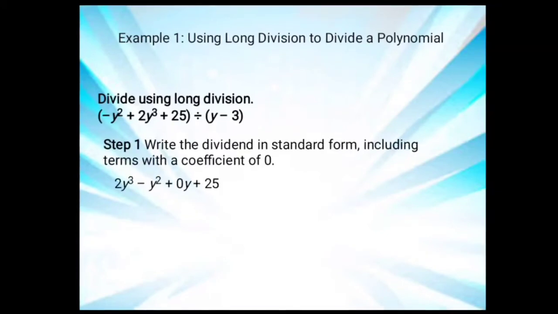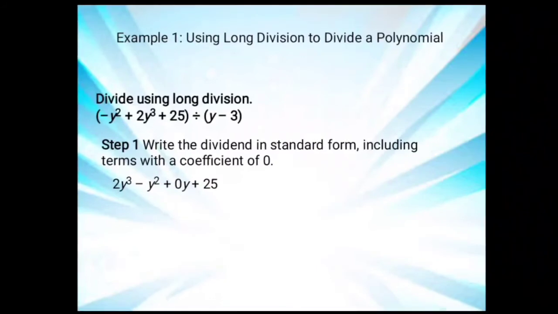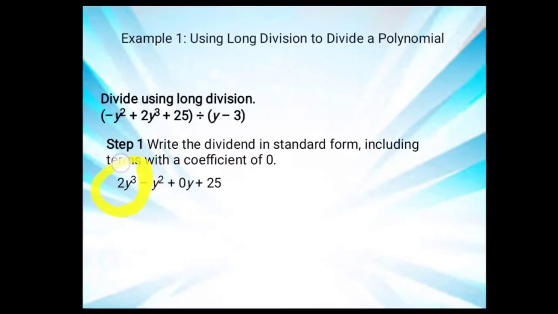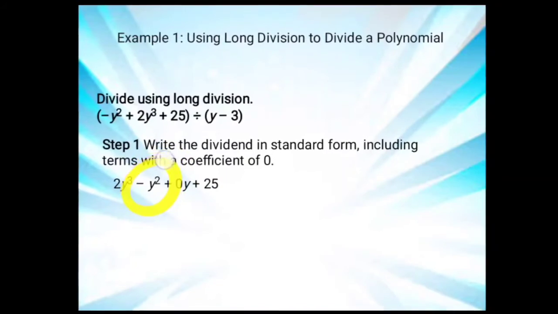Step 1, write the dividend in standard form, including the terms with coefficient of 0. Okay, so you have to take note that your dividend should be arranged in descending order. Okay, so when we arrange polynomials in descending order, the term with the highest exponent should be the first term, then followed by the term wherein the exponent is lower than the first one.